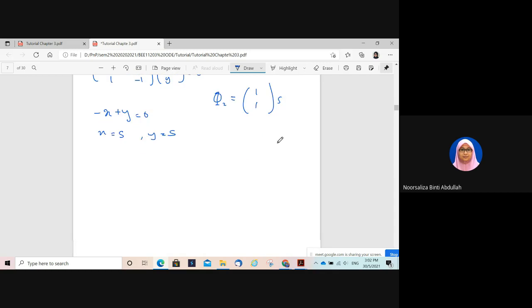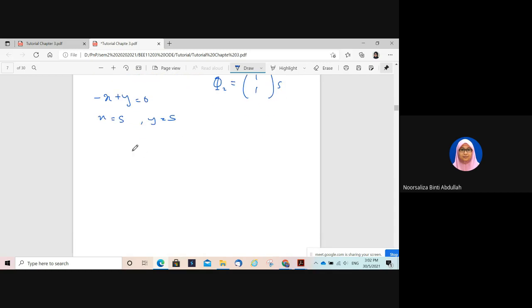Then kita tengok dia linearly independent ataupun tak. Here is eigenvector 1, this one is eigenvector 2. Eigenvector 1 is 1, minus 1, eigenvector 2 is 1, 1. Here, this one times this one, 1, minus this one times this one, minus 1.